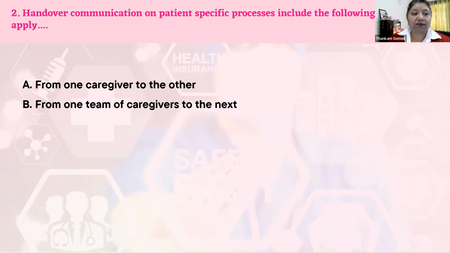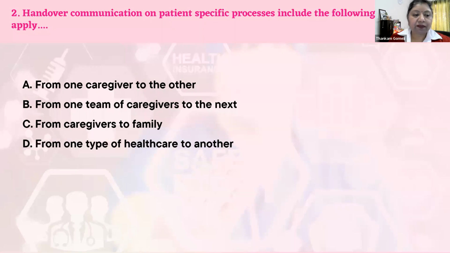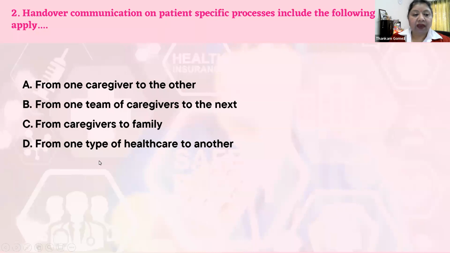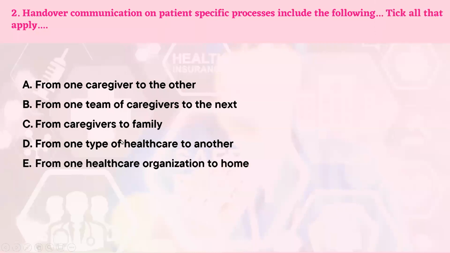From one caregiver to the other, from one team of caregivers to the next, from caregivers to family, from one type of healthcare to another. So, what do you think? Which all should apply, or is it only A, or only B, or C, or only D, or from one healthcare organization to home?